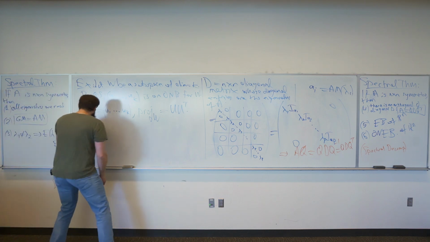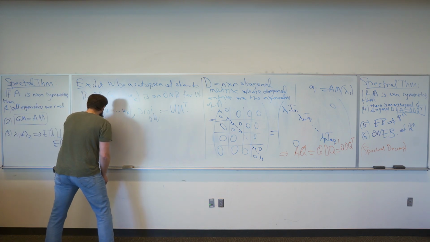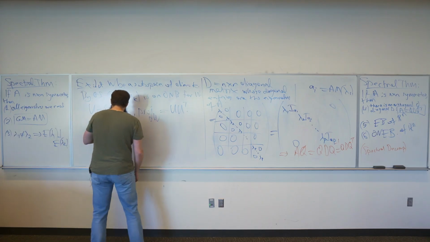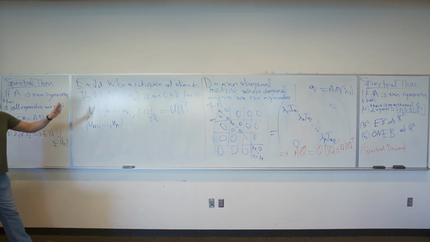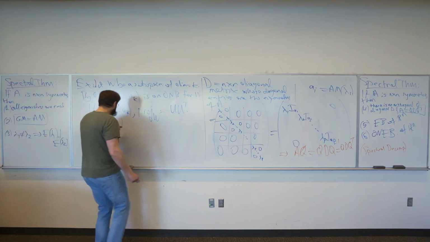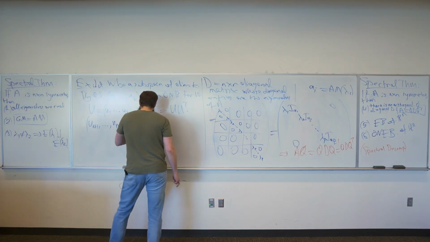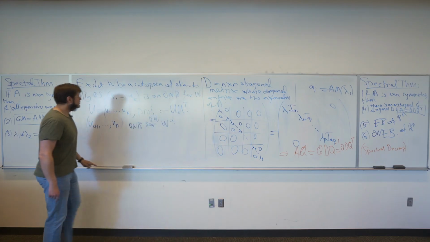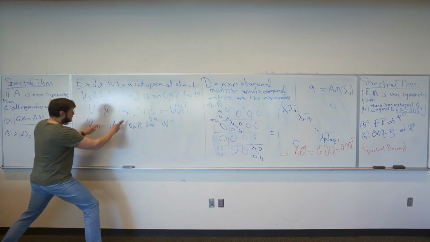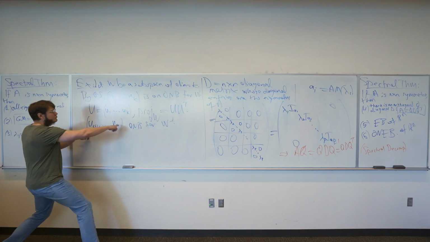So let's say you have more vectors, an ONB for W perp. Now take these and take these as well.